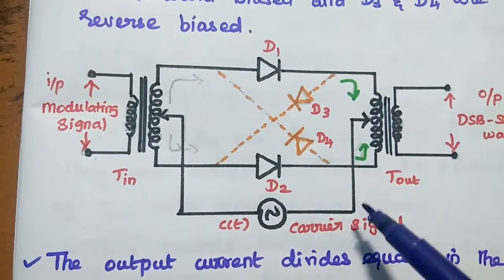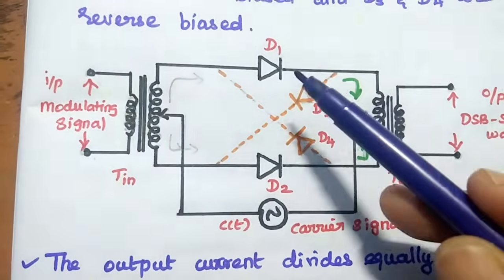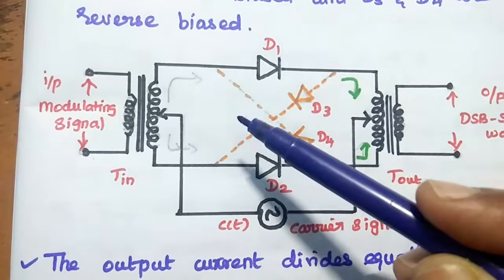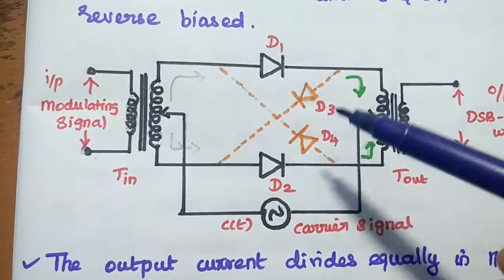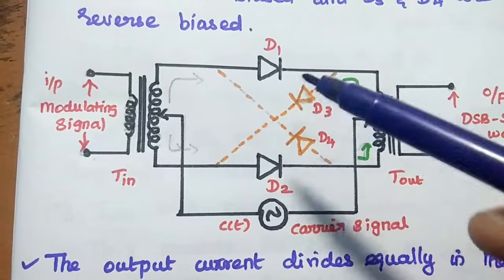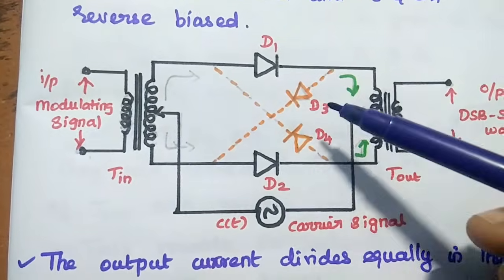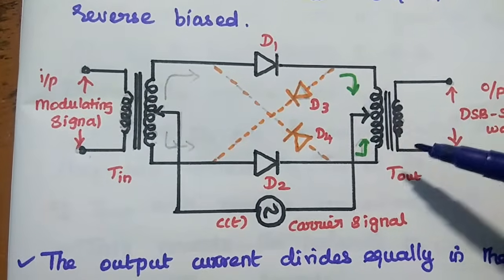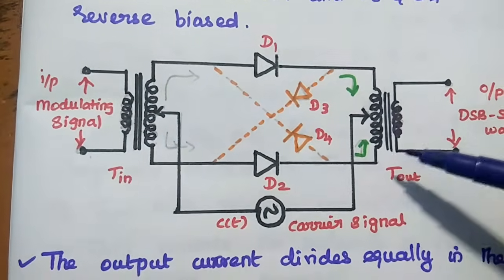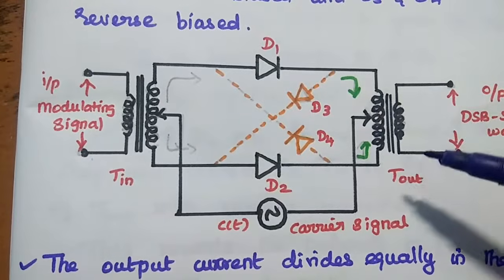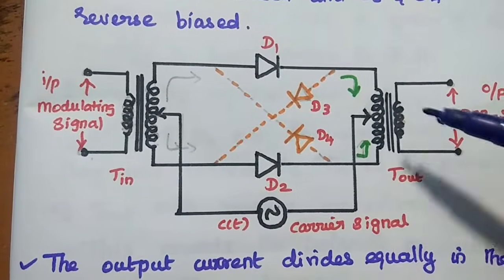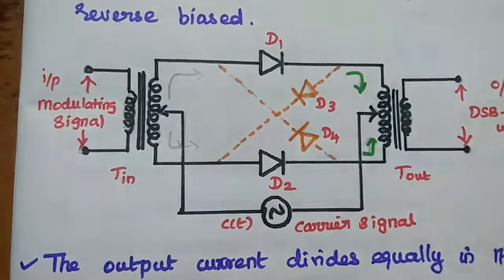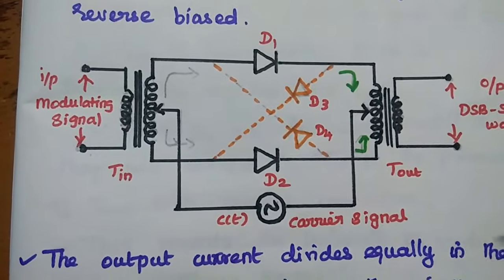Similarly, during the negative half cycle, D1 and D2 both are reverse biased, D3, D4 are forward biased. At that time also, the current is equally divided between the upper and lower portion of the transformer, and again both the magnetic fields are in opposite direction, they cancel each other. There is no carrier signal at the output side.